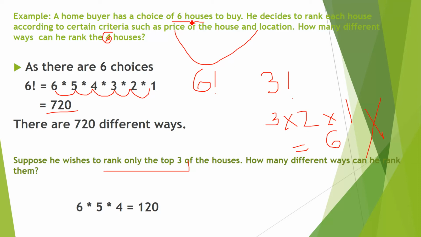Out of these 6, he wishes to rank only the top 3 of the houses. So in 6 factorial, these 3 are considered for the top 3: 6 multiplied by 5 multiplied by 4. When you multiply this, you will get 120 different ways.